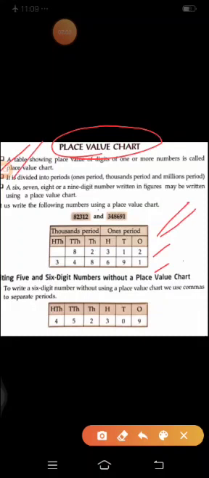Like if we see this number, 2 is at the 1's place, 1 is at the 10's place, 3 is at the 100's place, 2 is at the 1000's place and 8 is at the 10,000's place. So that is very easy. First we will draw a chart like this and then we will write the heads like ones, tens, hundreds, thousands, 10,000 and 100,000, and we will put the digits according to their places.